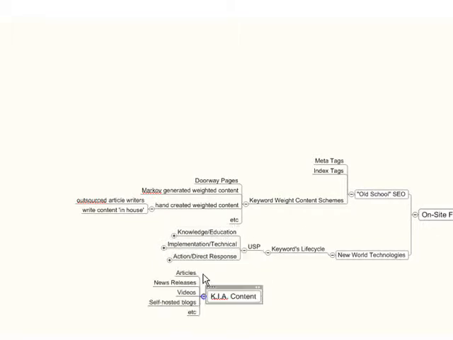And so looking at this KIA content, the keyword implementation action, you would generate articles, news releases, videos, self-hosted blogs, basically blogs you run on your own website, and things of this nature, all surrounding these keywords that fall within these categories. And of course, this is a lot of work to do.